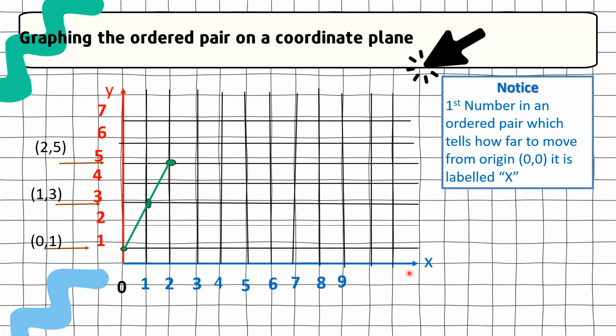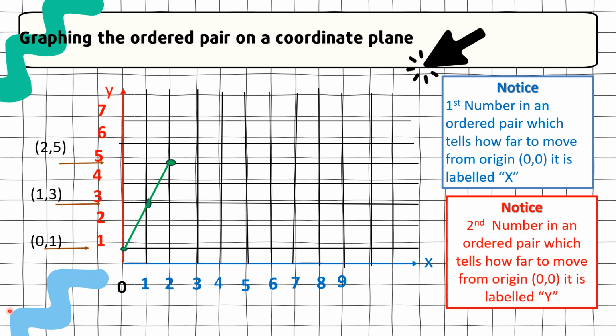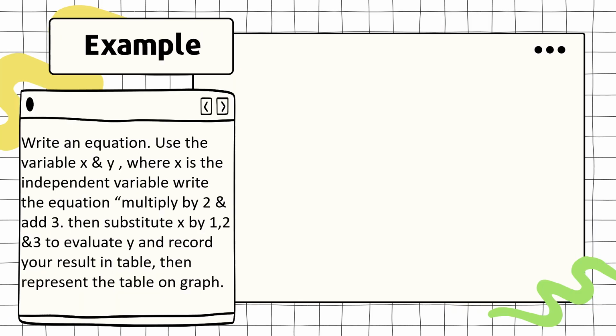Notice again, the second number in the ordered pair tells us how far to move from the origin 0, 0. It is labeled y. So when I look at the second number, the value of y, 5, 3, and 1, I can guess how to put the numbers on the y-axis. Okay, excellent, math champions. Let's do another example.